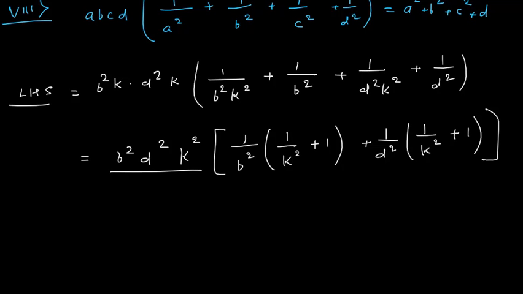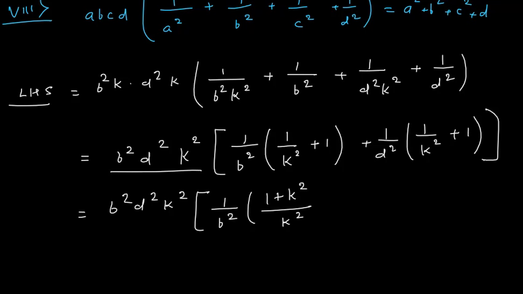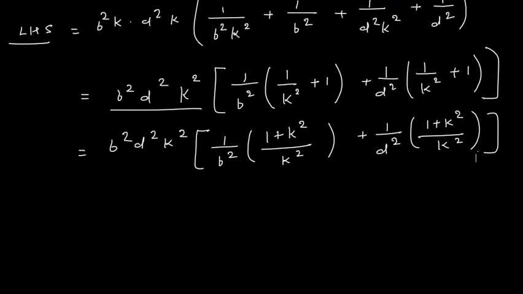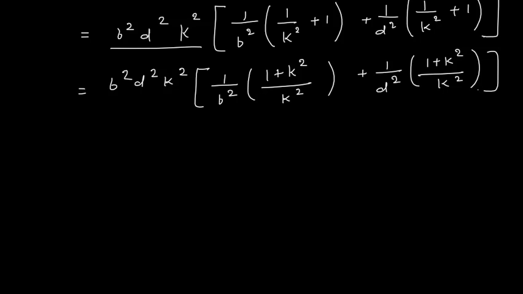Now this is equal to b square d square into k square. Here I have 1 upon b square, and here it can be written as 1 plus k square whole divided by k square, and similarly 1 upon d square, and this is 1 plus k square upon k square. Now here it is b square k square, right?